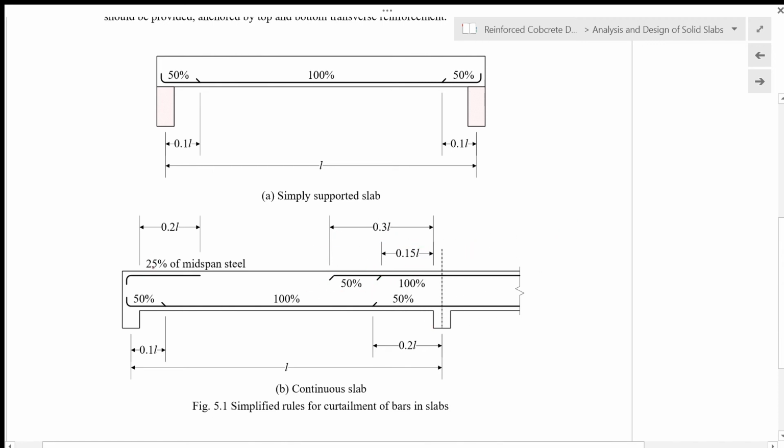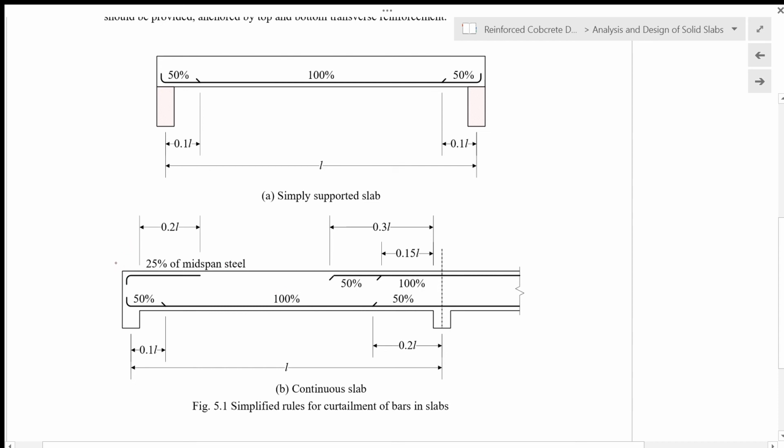And then for this part of the beam, at least 25% of what you have here has to be provided at the top of the simple supports in order to cater for nominal hogging moment, or nominal negative moment.